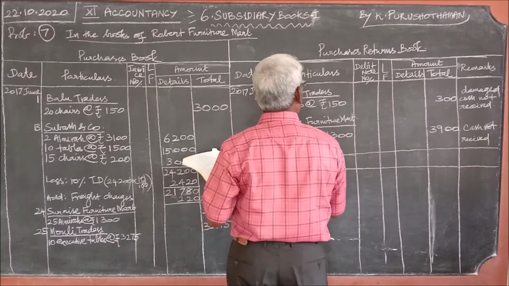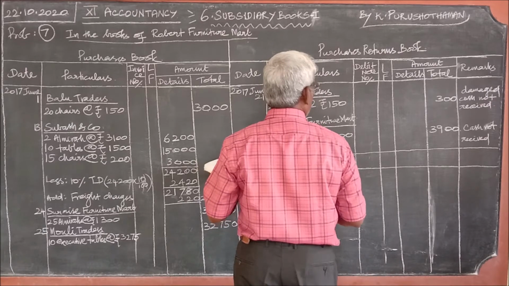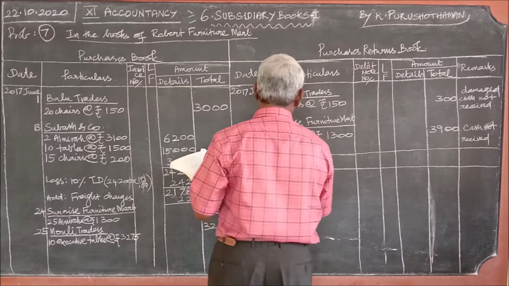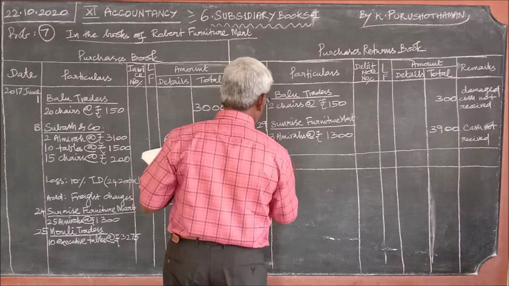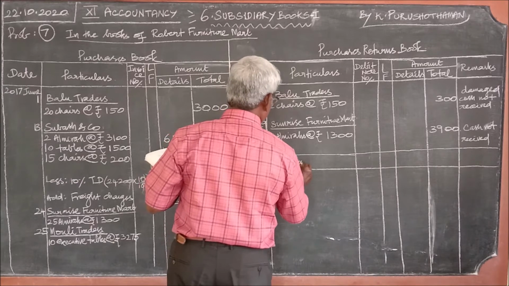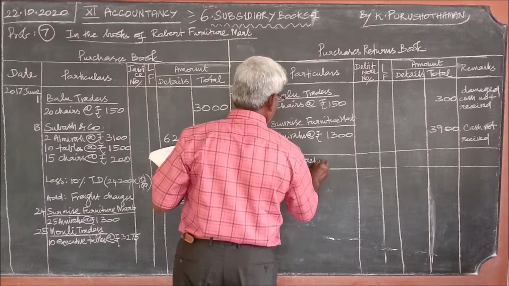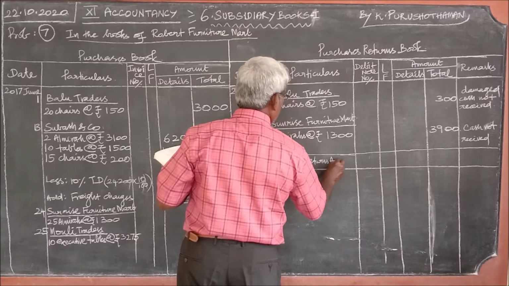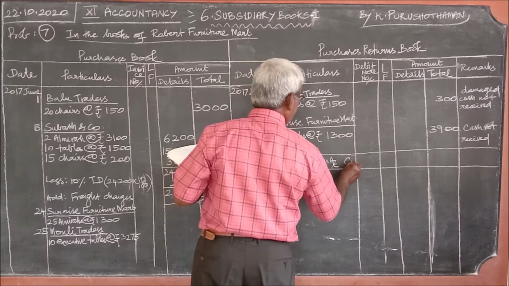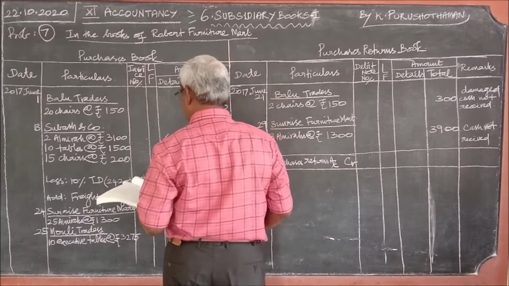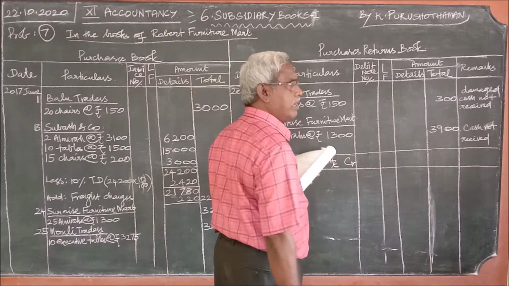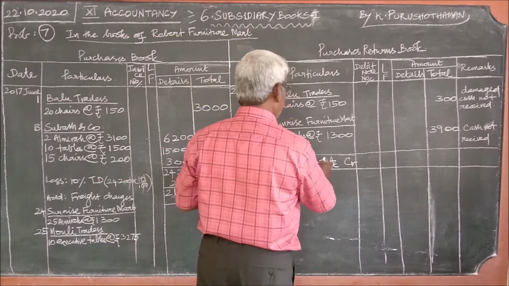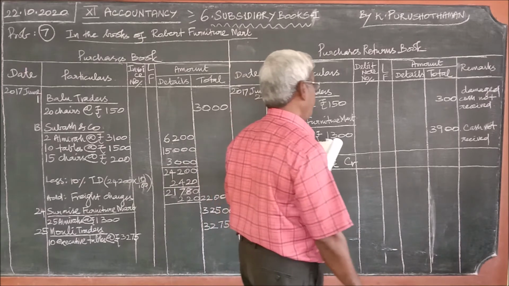In the particulars column, what should we write? Purchases returns account creditor. Purchases account debtor, whereas purchases returns account creditor.